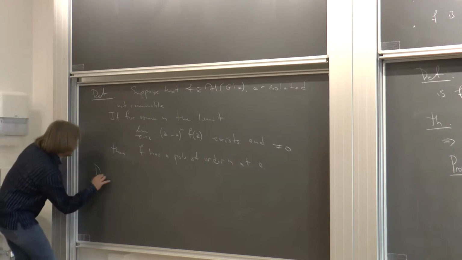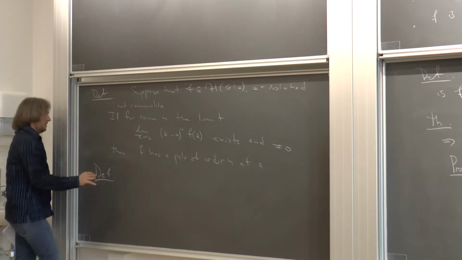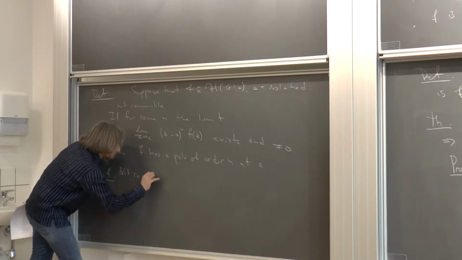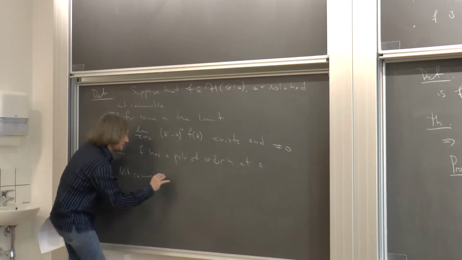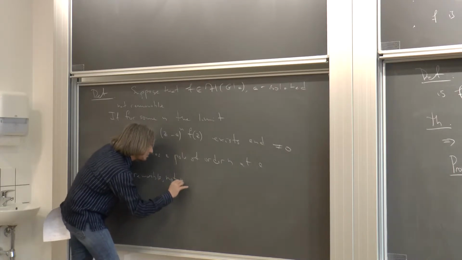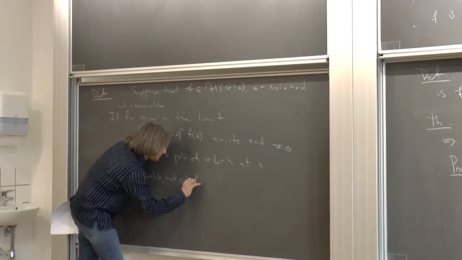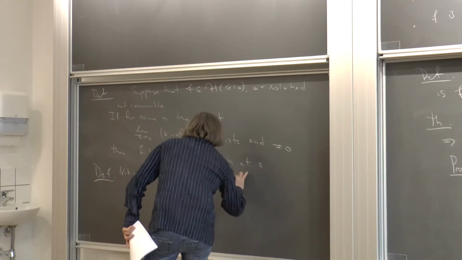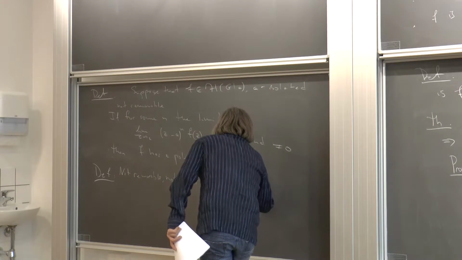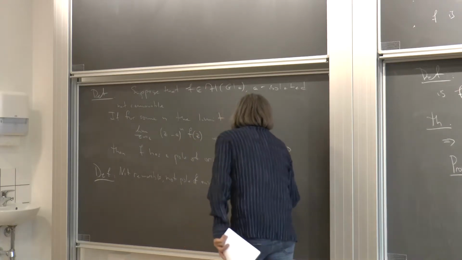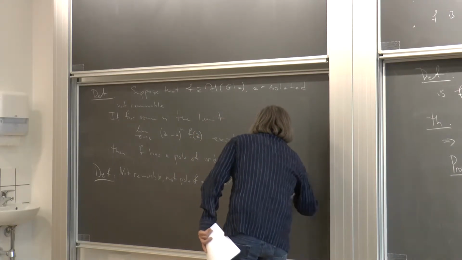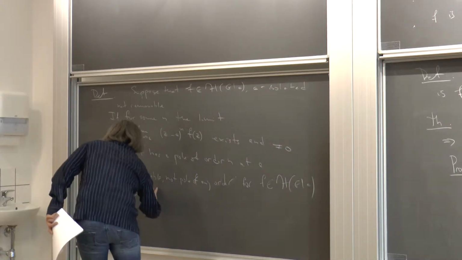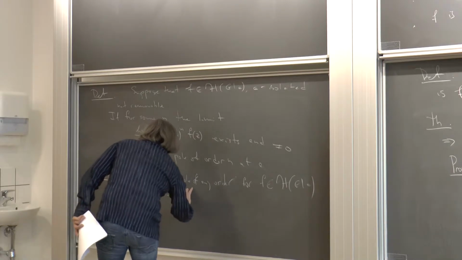And the last definition is: if the singularity of f, which is holomorphic in G minus a, is not removable and not a pole of any order, then z equals a is essential.